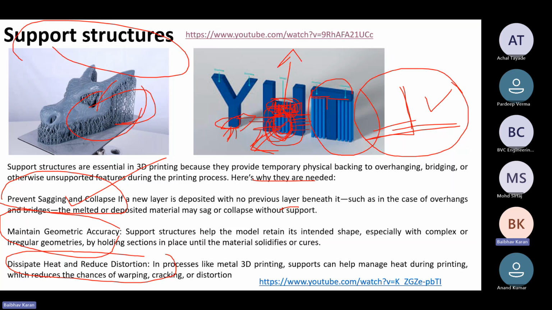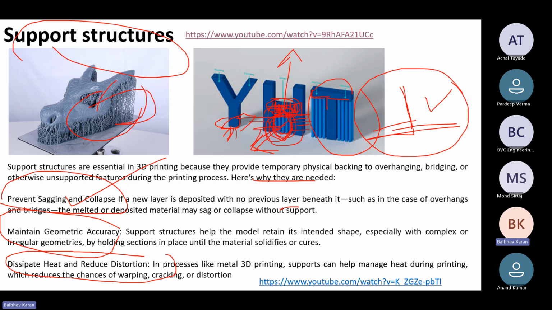We have to remove the support structures, which is an additional task. We need our material to be ready immediately after printing. So by any chance we get, we try to avoid printing support structures. But if it is absolutely unavoidable, then we need to print it. That's what it was trying to say.